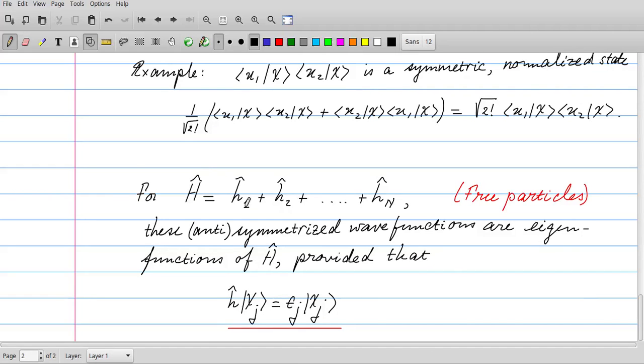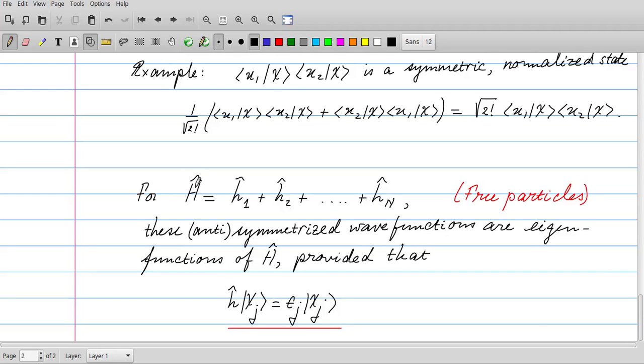So I take one of these little h's, they act just on one particle, and if the chi-j's are eigenstates of that, then all the linear combinations that we have seen above, the anti-symmetrized and the symmetrized product states and linear combinations of them, they are eigenstates of the total Hamiltonian.